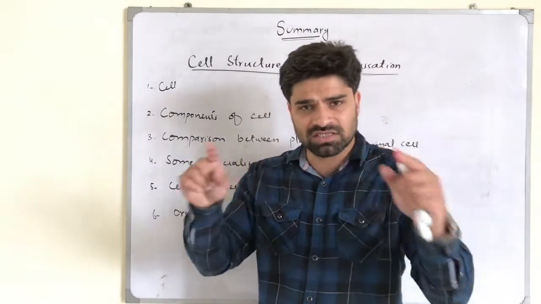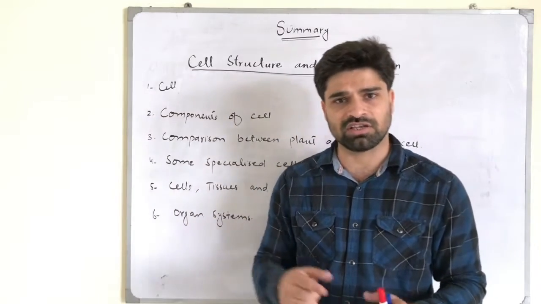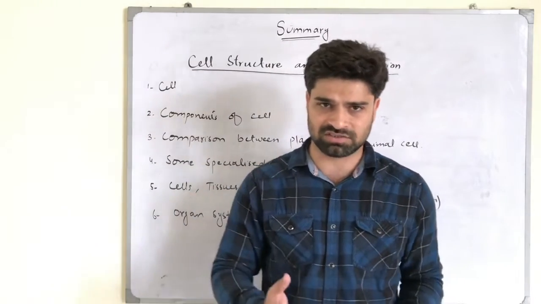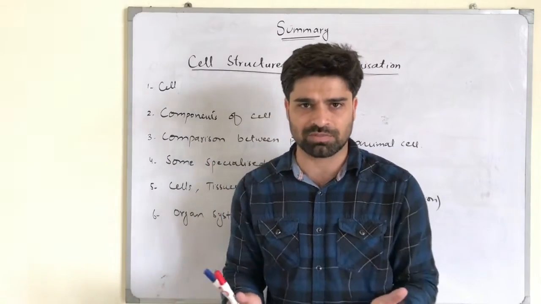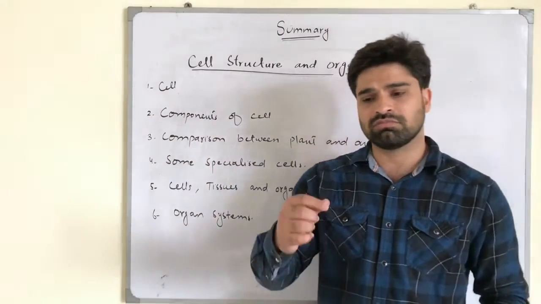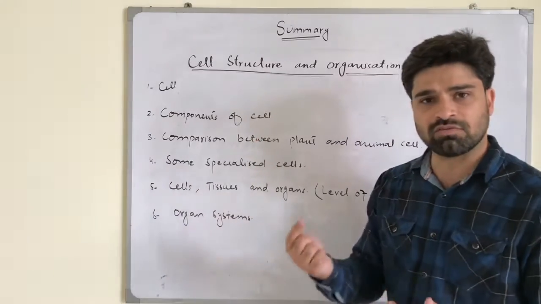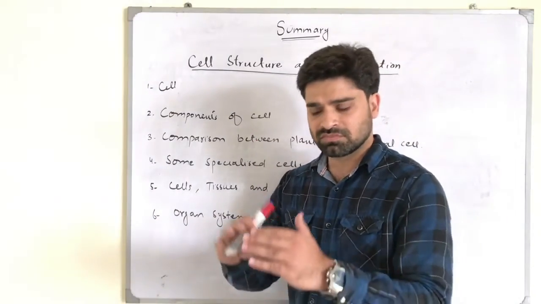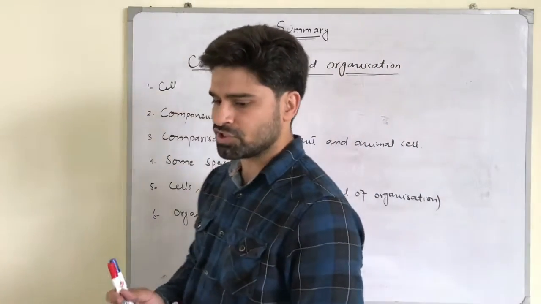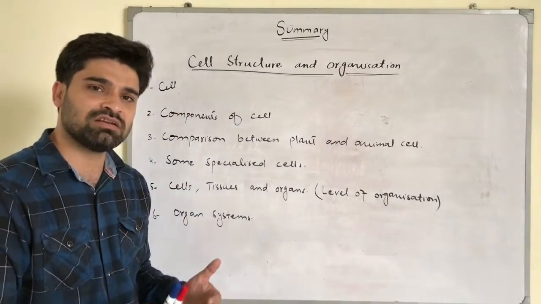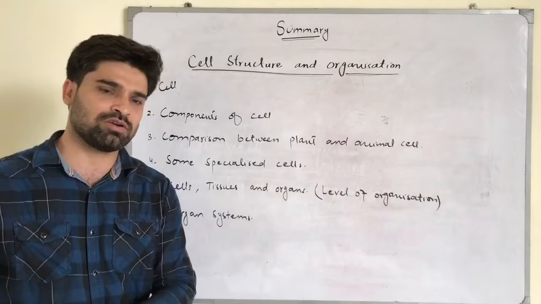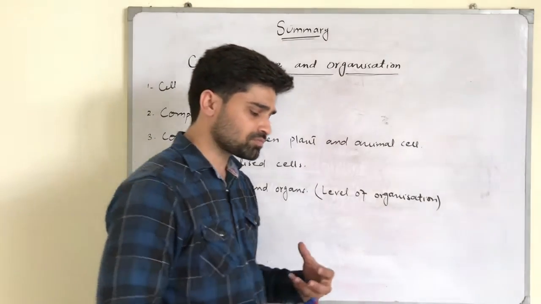Like it has a cell wall around it. If we talk about the plant cell, remember in animal cells there is no cell wall present around it. First component is cell wall, then cell membrane, that membrane which separates the inner organelles of the cell from the outer part of the cell.